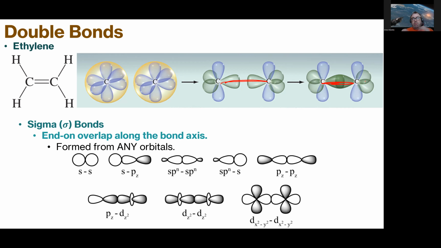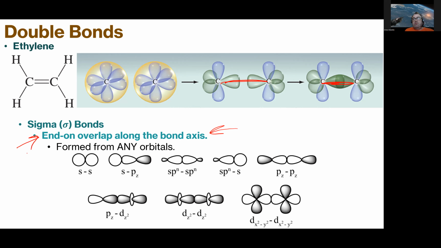This is what we call a sigma bond. Sigma means that we have end-on overlap along the bond axis, and sigma bonds are everywhere. All covalent bonds are at least a sigma bond. Sigma bonds can be formed from any orbitals, as long as they're overlapping along the bond axis.